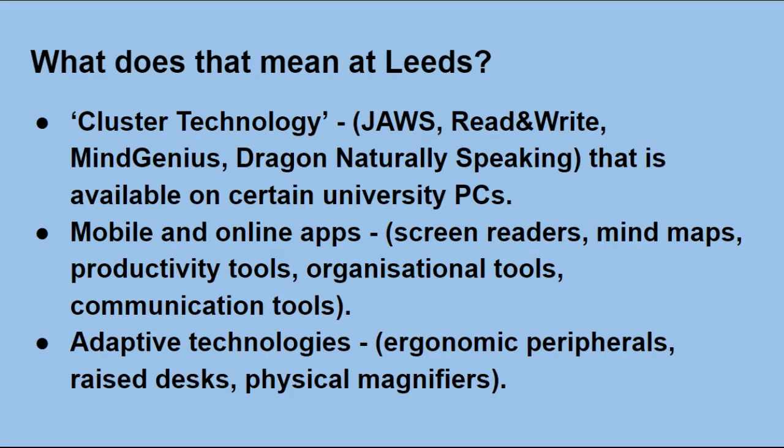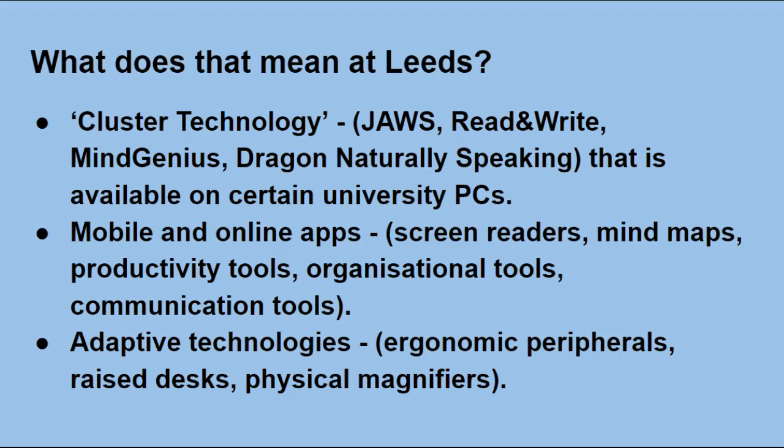Well, in Leeds, assistive technology takes on a number of different forms. Firstly, we have cluster technology, which is things like JAWS, which is a screen reading technology for students with visual impairment and blindness. Read and Write, which is a toolbar that you can use to further access online documents if you have literacy difficulties or challenges.